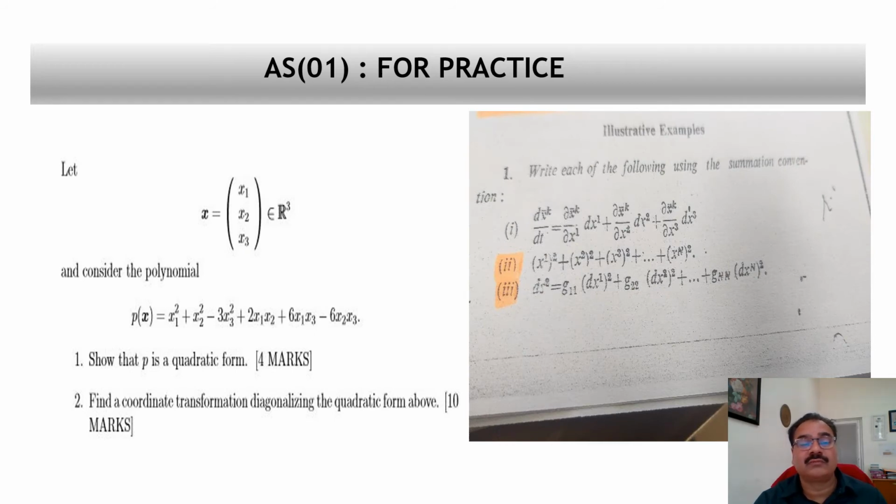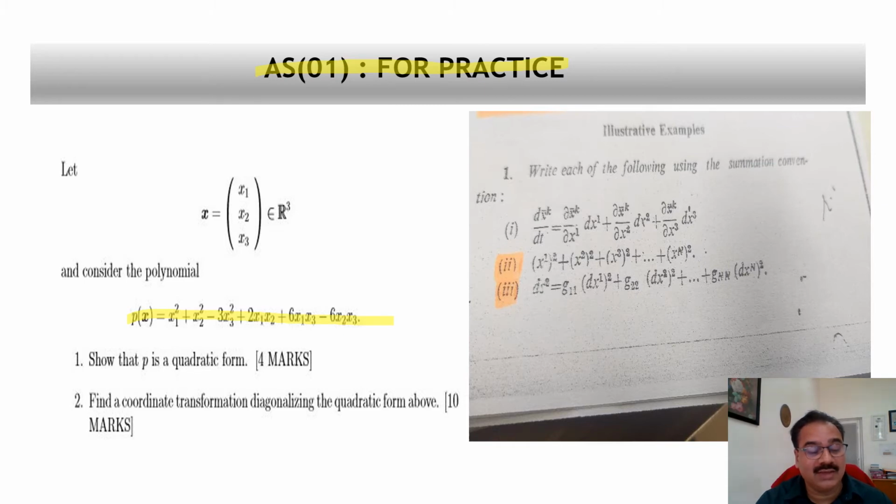Now I want my students to do some practice, so you may treat this as an assignment. Let x be the matrix x1, x2, x3 belonging to R, and consider the polynomial P x is equal to x1 square plus x2 square minus 3 x3 square plus 2 x1 x2 plus 6 x1 x3 minus 6 x2 x3.